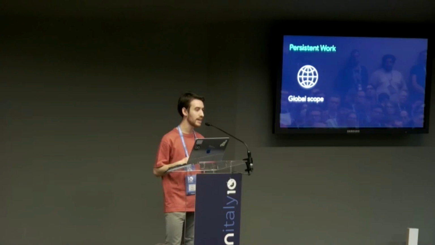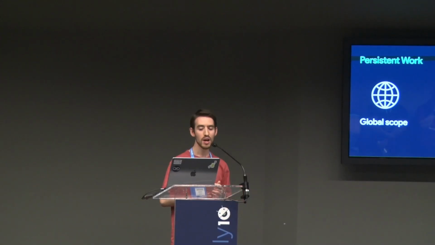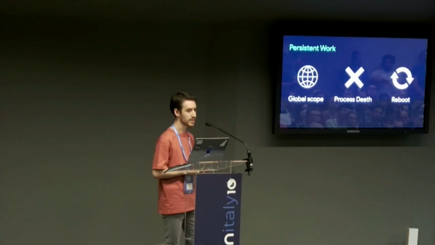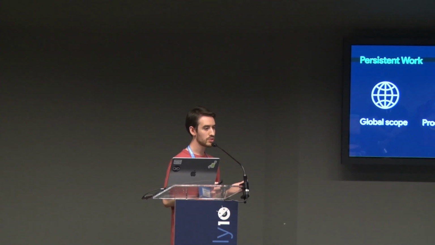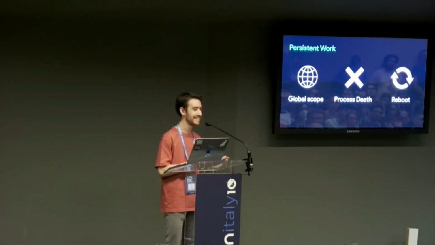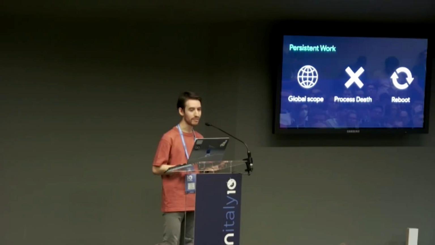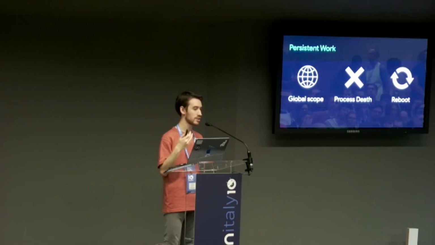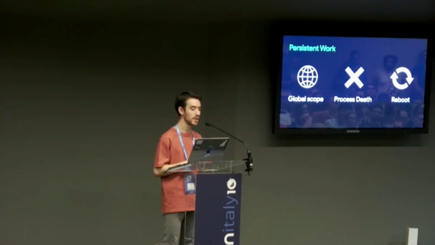So it has to run even when the app, of course, is closed, if we want to do something in background. Also, for this reason, it might survive process death and even reboot of the device. Of course, when I say survive, I mean, of course, there is no process running when the phone is powered off, but at least the operating system should know that it has to reschedule your work when the device comes on again.